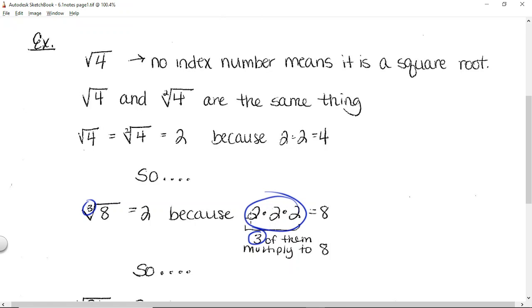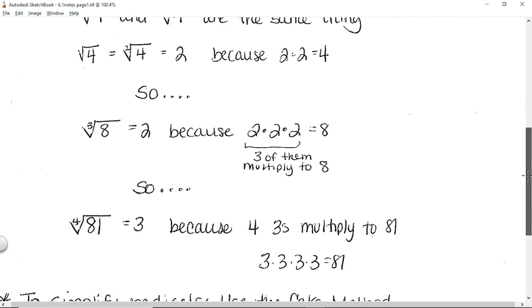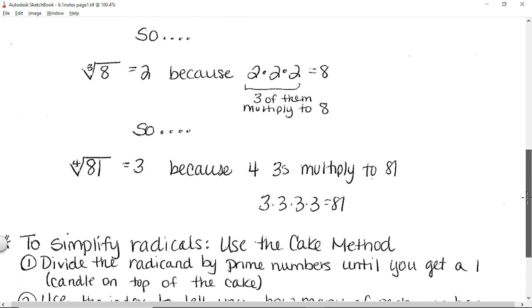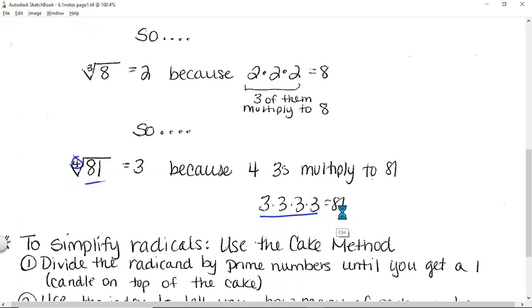Okay, whatever number when multiplied 3 times gives you that radicand. So we look at the fourth root of 81. What's the fourth root of 81? It's 3, because it takes 4 3's multiplied to make 81. So if you have an index of 4, you're looking for the number that multiplied 4 times gives you that radicand, the 81.